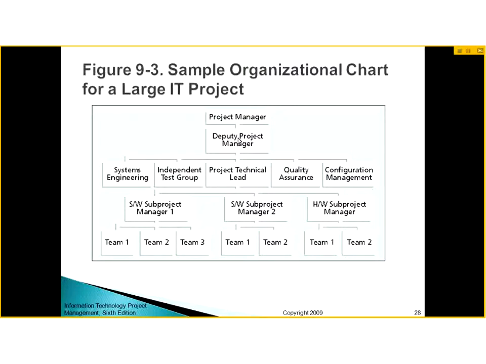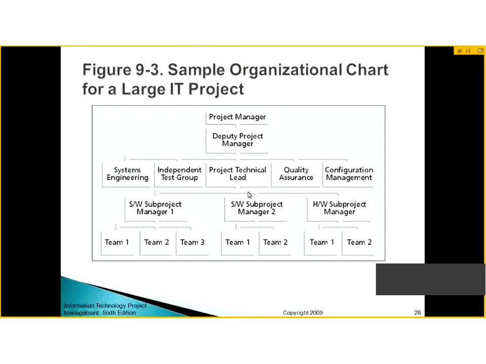So there will be a project manager, and then there will be the deputy project manager who will be reporting to the project manager. Then there will be system engineering department, independent test groups, project technical lead, quality assurance manager, or people for configuration, and they all will be reporting to the deputy project manager.